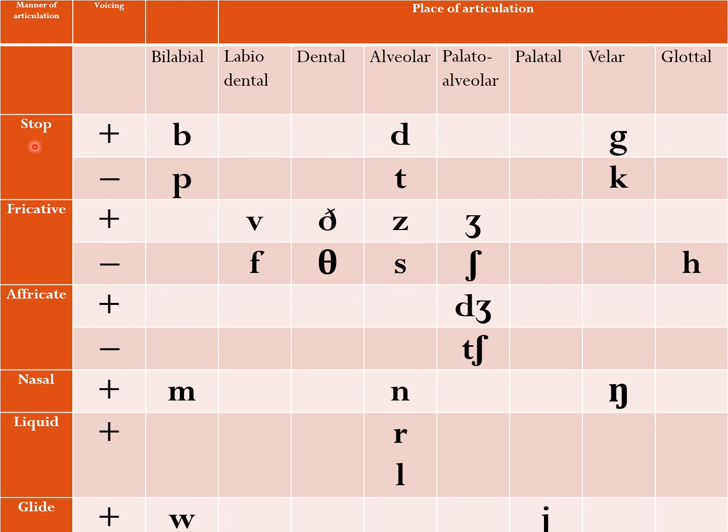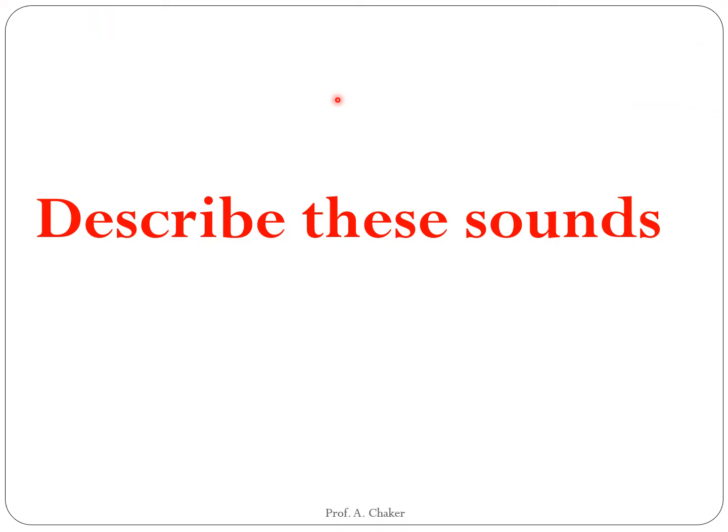You see how we describe the sounds? I repeat, start with the voicing quality, voiced or voiceless, then the place of articulation, then the manner of articulation. Take any sound from the chart. Th, for example. So you say it is voiceless, dental, fricative. Okay, so this is how we describe the speech sounds.